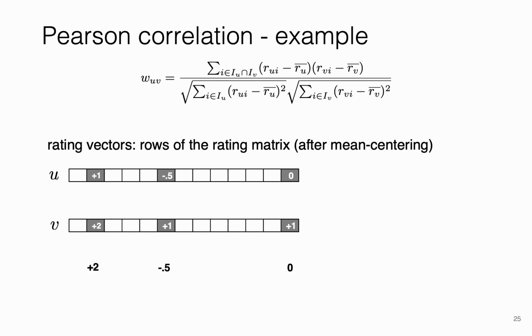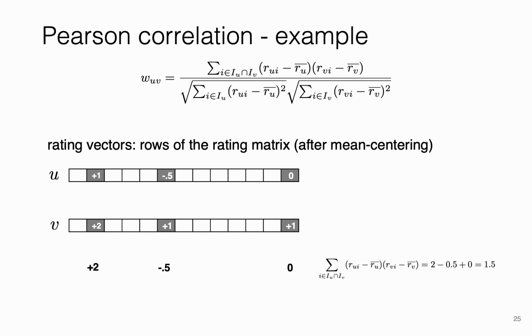For the first gray item, both users agree with a positive deviation, resulting in a positive product of +2. For the second gray item, the users disagree, resulting in a negative product of -0.5. In the last gray item, the users also agree, this time with a product of 0. So overall, the total agreement is positive. It's 1.5.